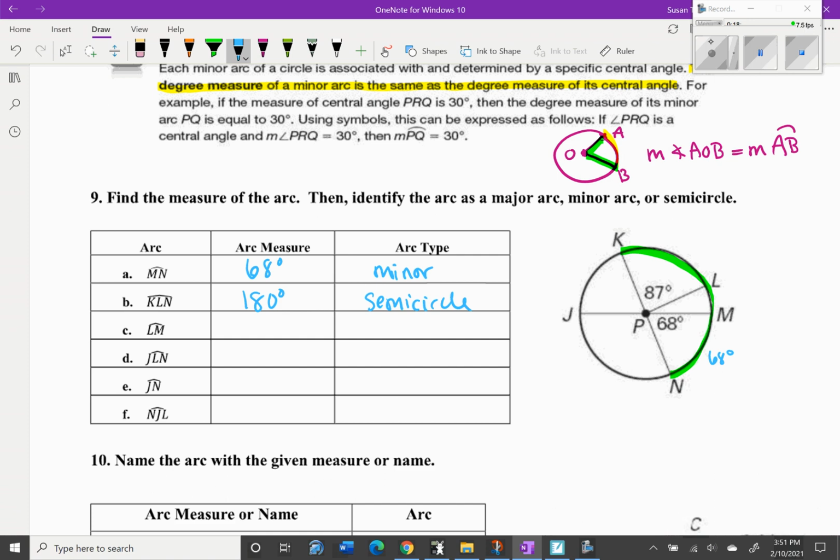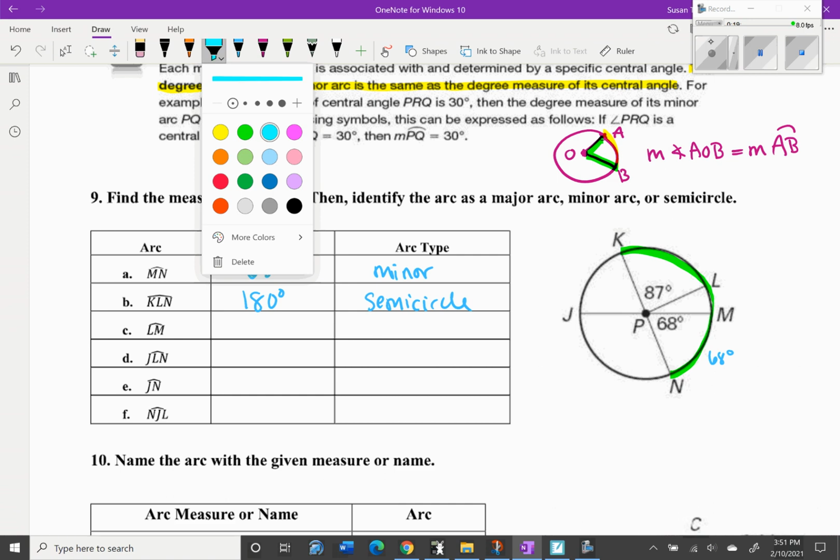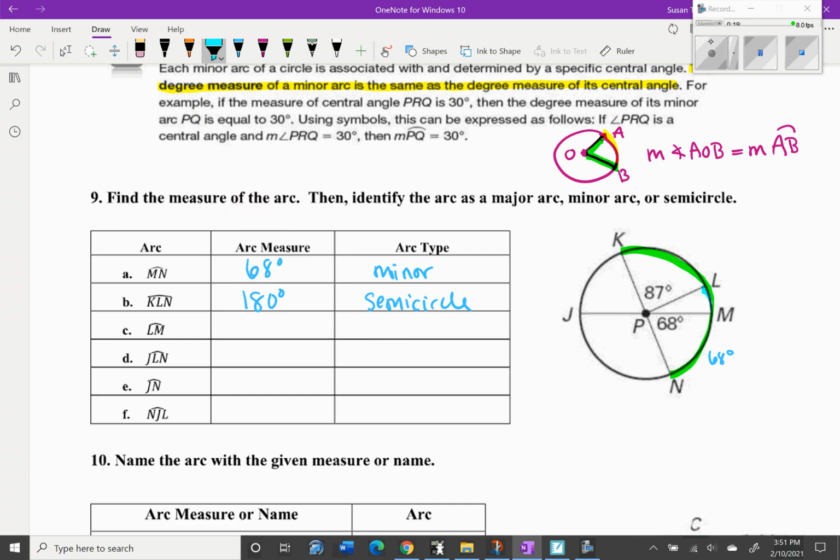And then we want to look at the next one, arc LM, which is this arc right here. So if we know that this entire arc is 180 degrees, this intercepted arc right here, this is a central angle, so that's 87 degrees, which means this is 87 degrees. And we know that this arc MN is 68 degrees, and we're solving for x, so we would add those together.